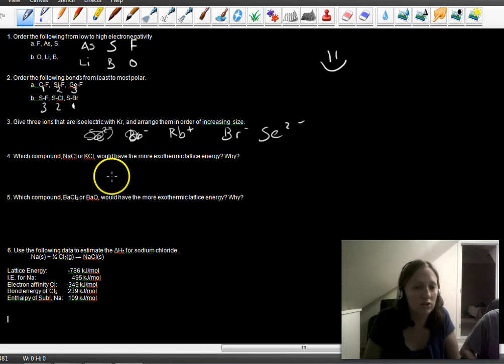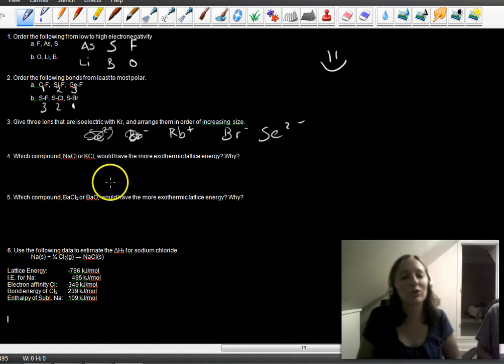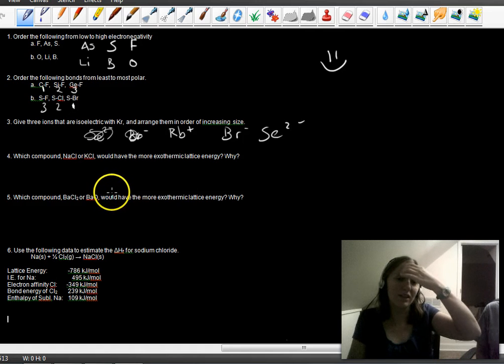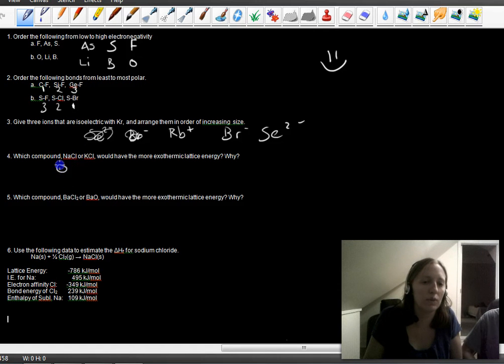All right, which compound, sodium chloride or potassium chloride, would have the more exothermic lattice energy, and why? I said these were easy, so I keep getting them all wrong. You've got to remember that formula, Q1 Q2 over R. So what's important is the radius or the charges. If you look here, this is +1, -1, +1, -1, so your Q's are the same.